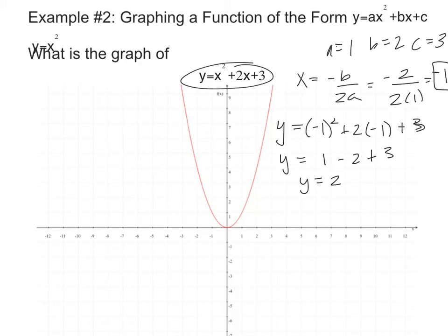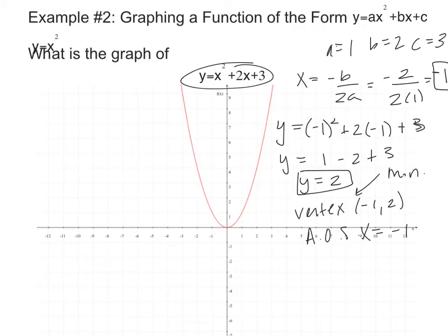All right, so our vertex is -1, 2. The axis of symmetry is x equals -1. This is going to open upward, so our vertex is a minimum. And then the range, since that is a minimum, will be y is greater than or equal to 2.